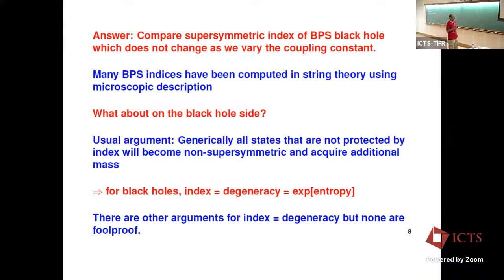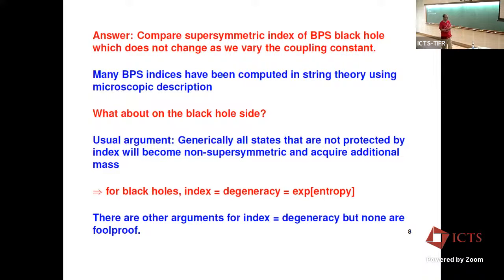But what about the black hole side? The usual argument that one gives on the black hole side is that generically all states that are not protected by the index will become non-supersymmetric and acquire additional mass. And hence, for black holes, index and degeneracy should be the same. And then, of course, degeneracy is computed by the exponential of the entropy.